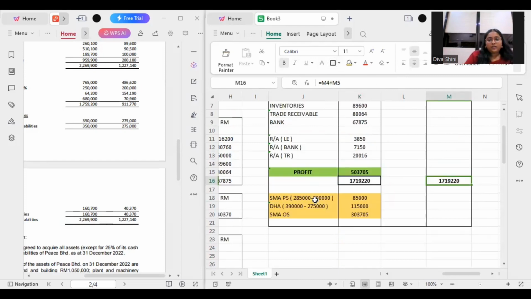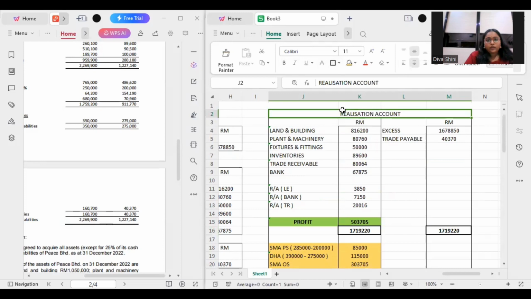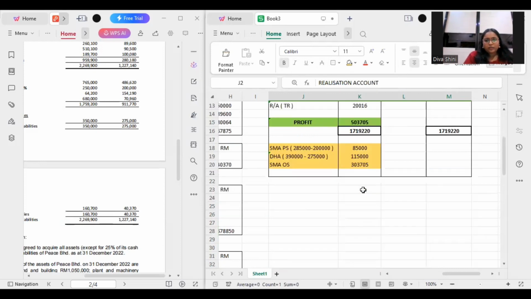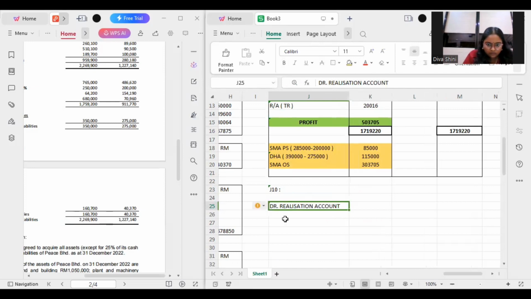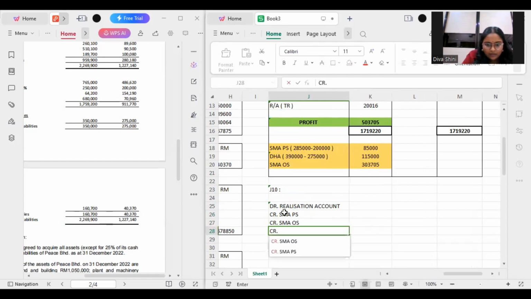Once we are done with the realization account, we need to do journal 10, which carries out the profit. So J10 is debit realization account and credit SME PS, credit SME OS, and credit DHA.